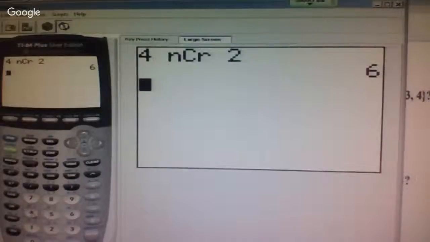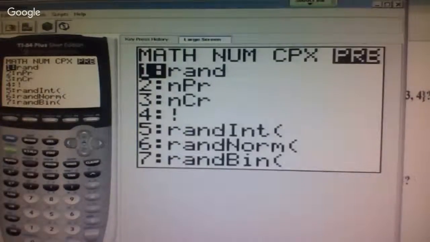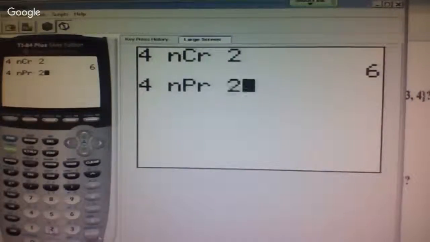Same thing: 4, if I want to do the permutation, I would go to probability, pick my permutation, 2. Well, that's 12. Remember, in a permutation order matters, so 1, 2 is different than 2, 1.